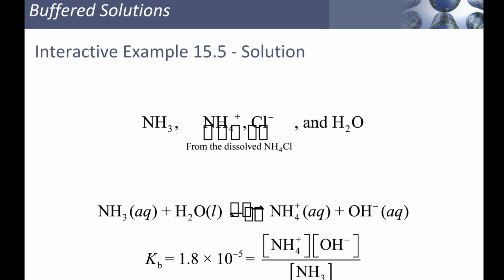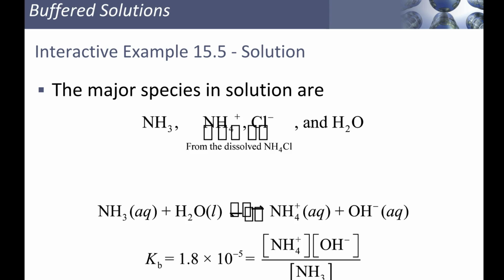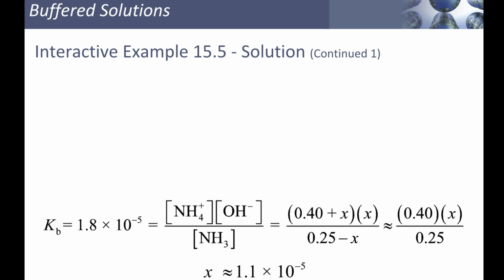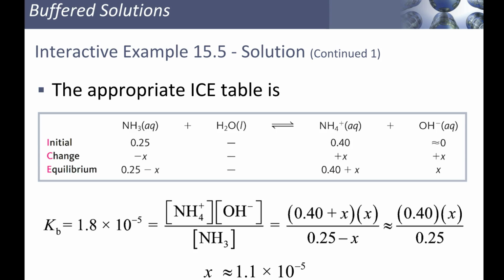First of all, what are you dealing with? What do you have in solution? You have your ammonium and you have your hydroxide, right? Because it's a base, you got to get your hydroxide from somewhere. And you know your Kb is 1.8 times 10 to the negative 5, and you have ammonium hydroxide over ammonia. So, the ice table: you start with 0.25 ammonia, and you start with 0.4 ammonium, because it comes from the ammonium chloride.